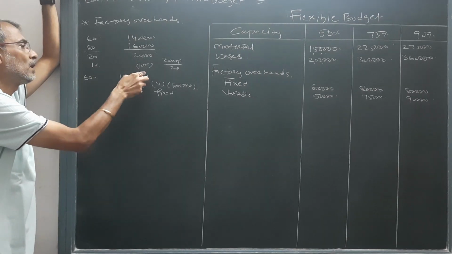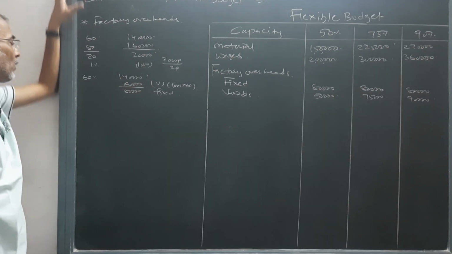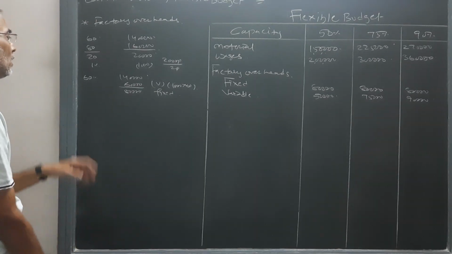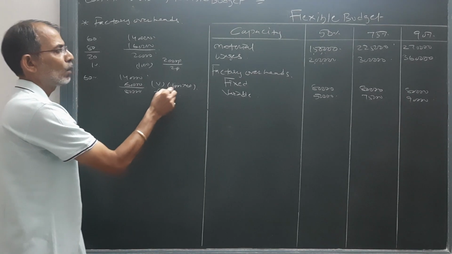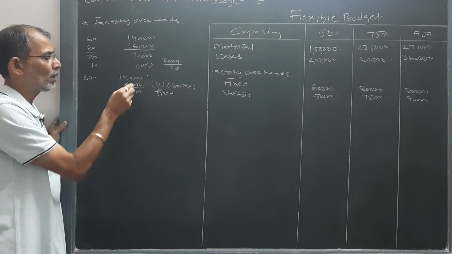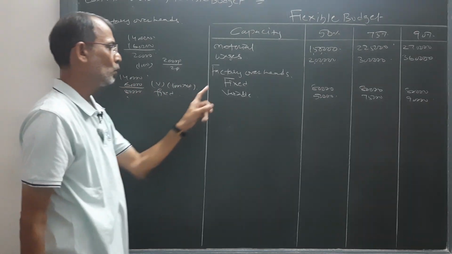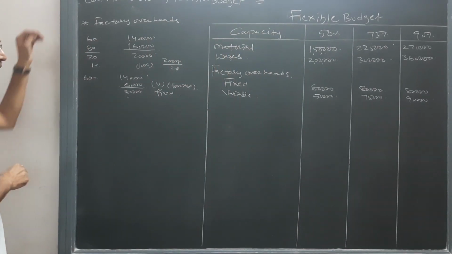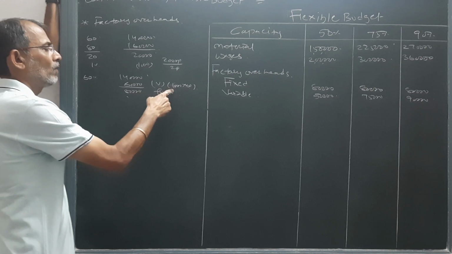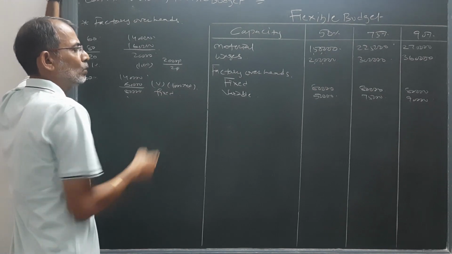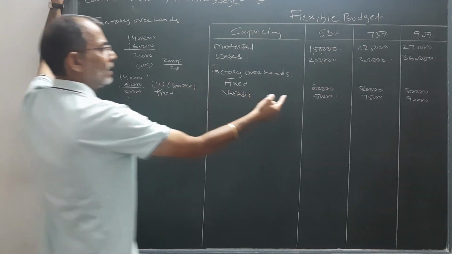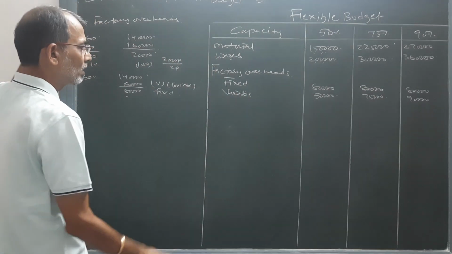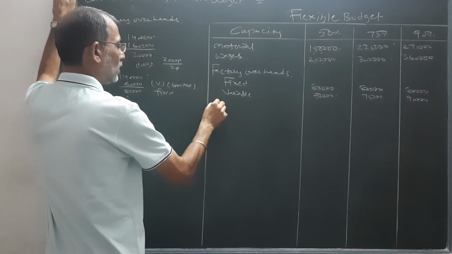So for one percent, that is 1,000. Now at 60% capacity, total expenses are 140. That means 1,000 into 60, 60,000 are variable and 80,000 are fixed. So at every capacity you put 80,000 as fixed and variable for one percent, that is 1,000. So 1,000 into 50, 1,000 into 75 and 1,000 into 90.